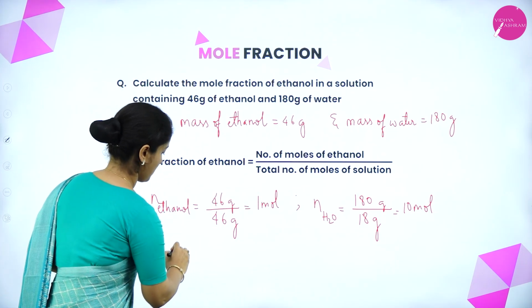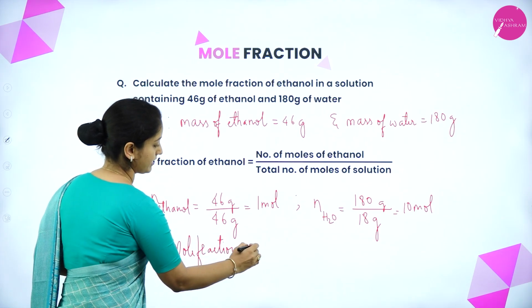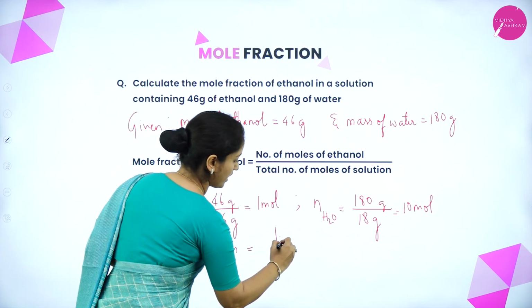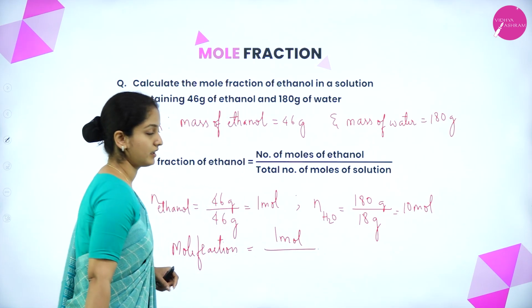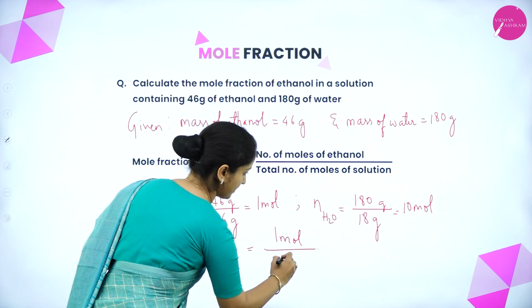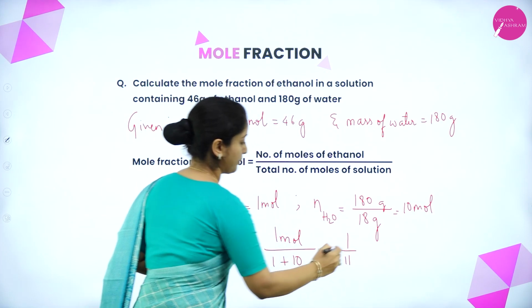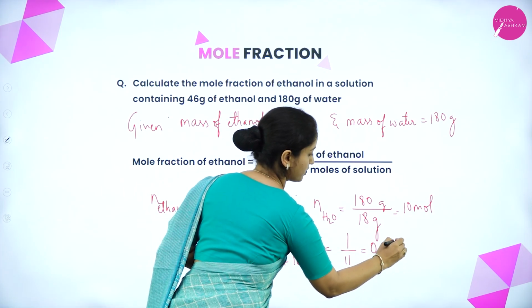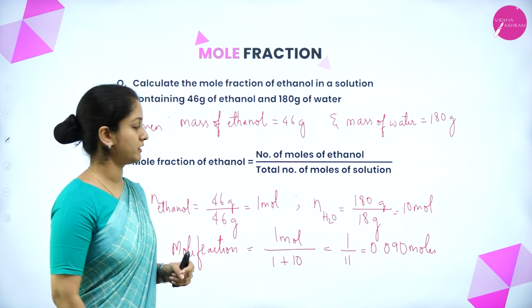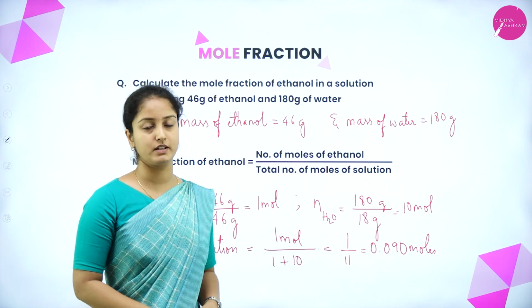Therefore, mole fraction of ethanol is equal to number of moles of ethanol, that is 1 mole, divided by total number of moles of solution. So you have to add both the moles, 1 plus 10. So it gives 1 divided by 11. Upon dividing, we get 0.090. So that is how you are supposed to calculate the mole fraction of ethanol in this given solution.